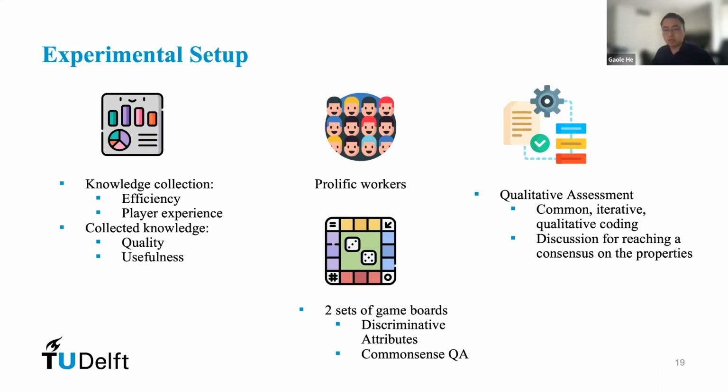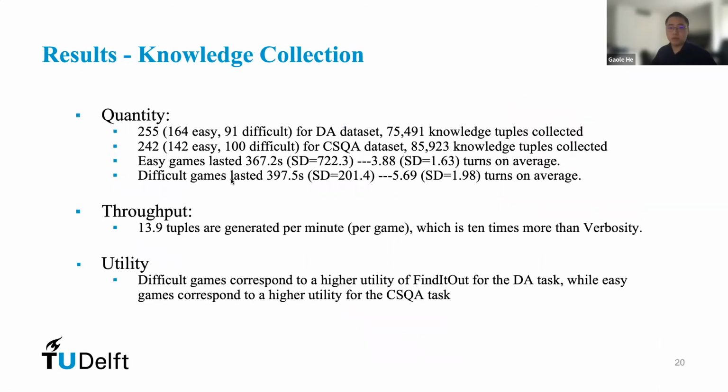For the qualitative assessments, the authors followed an iterative coding process and discussed the standard of each dimension to reach a consensus. In experiments, we have 255 games played for the DA dataset, which collected around 75,000 knowledge tuples, while 242 games were played for the commonsense question answering dataset, which collected around 86,000 knowledge tuples.